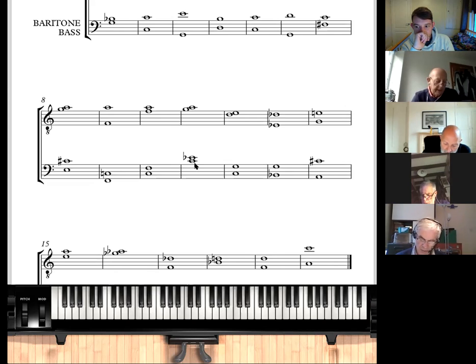No, that's not right. C, E flat, G. E flat, F, G. Please just realise it's not a dominant 7th and it's not a triad. Something else.